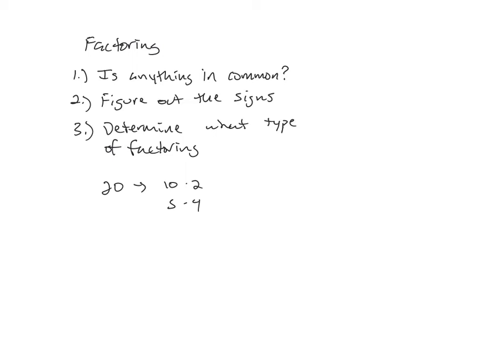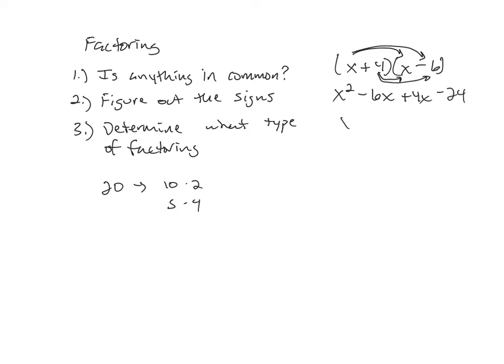So what we're going to be looking at, you should have done problems like this last year where we FOIL, so where we multiply x times x is x squared, and x times negative 6 is negative 6x, and then positive 4x, and then 4 times negative 6 is negative 24.